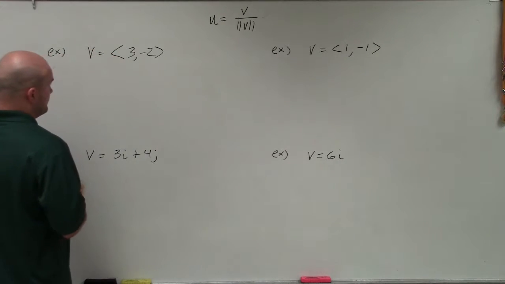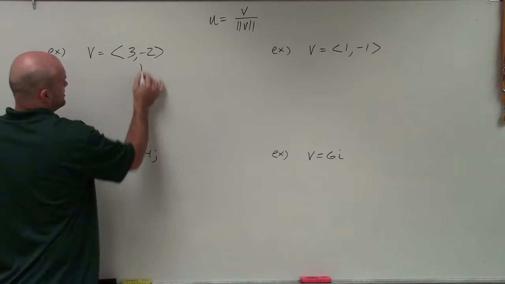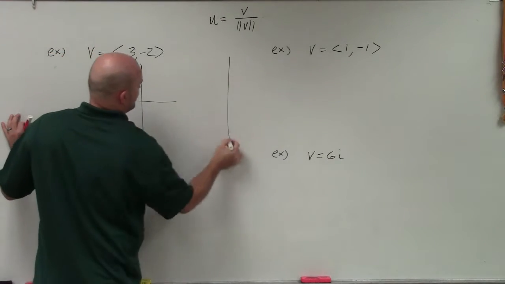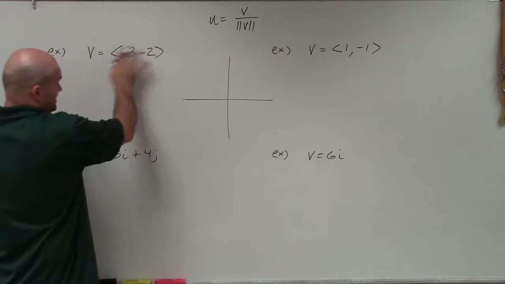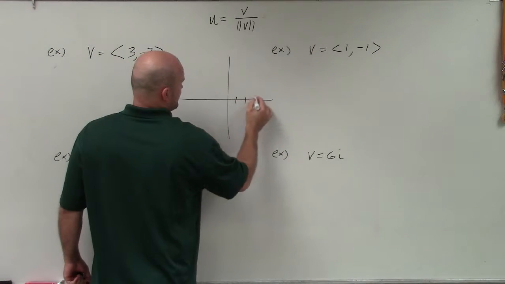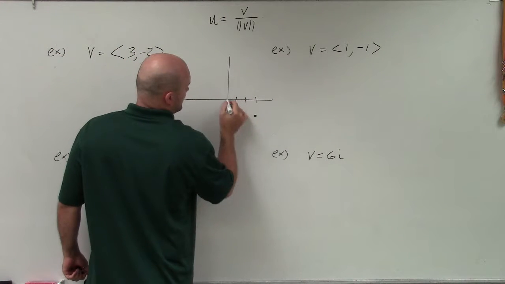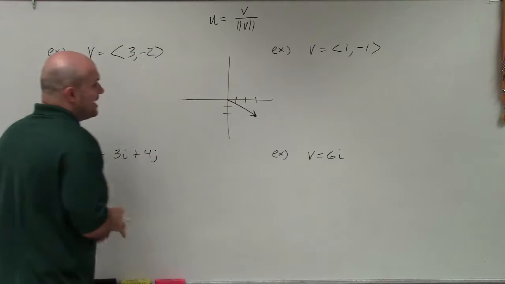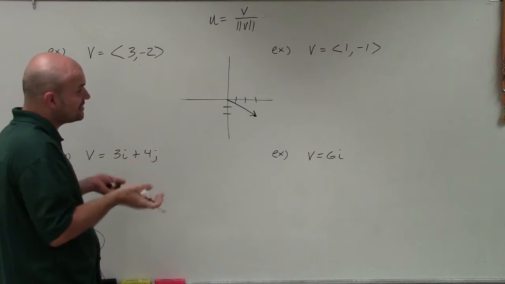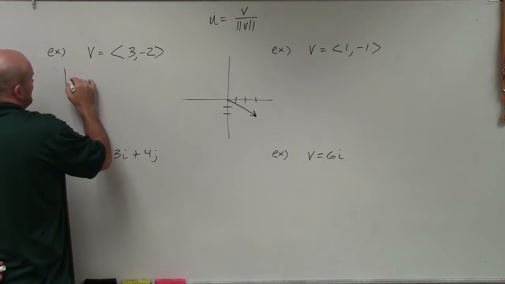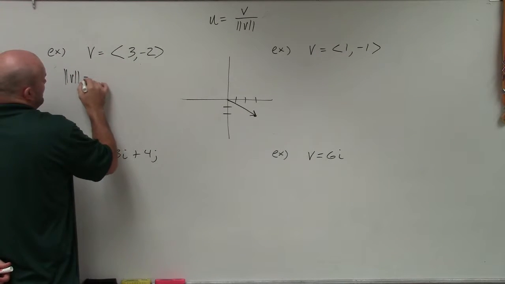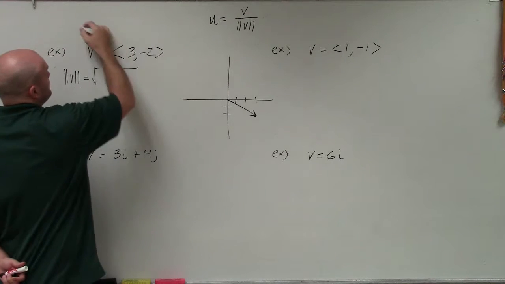So when we look at this vector, 3, negative 2, so we go 1, 2, 3, and down 1, 2, you can see there. Now, remember when we were trying to find the magnitude of v, basically what we did is we had to square.